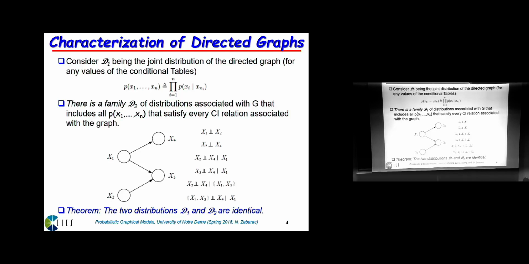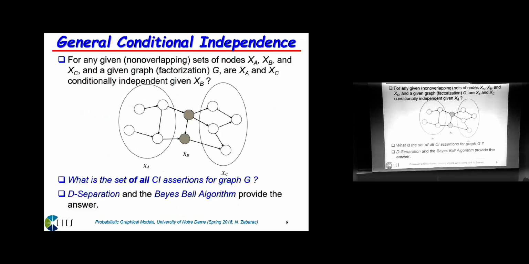Then basically a theorem, which we more or less highlighted, says that these 2 distribution families are the same. Okay? So the distributions that satisfy the conditional independence relations implied by the graph, or the distributions that factorize like this, are the same.